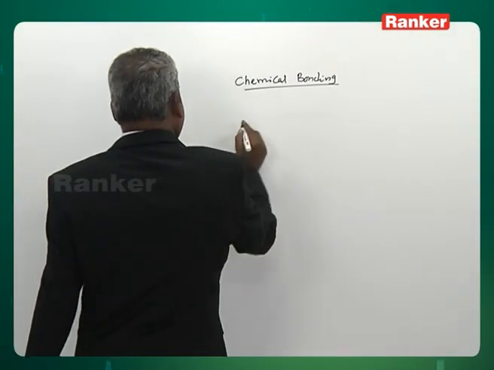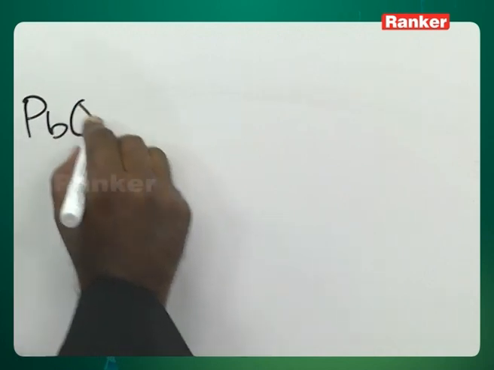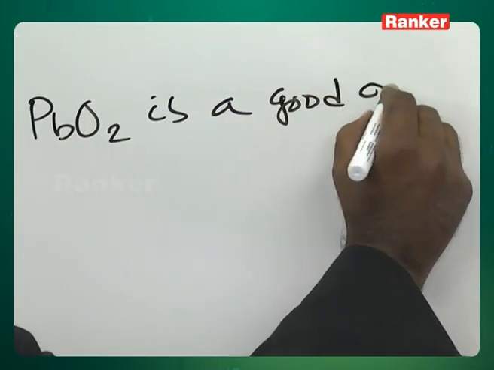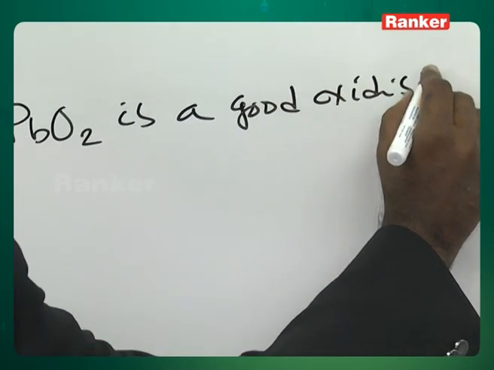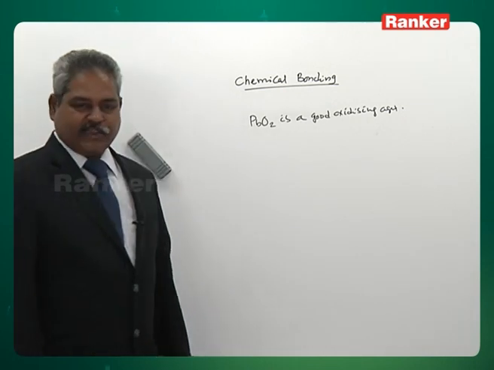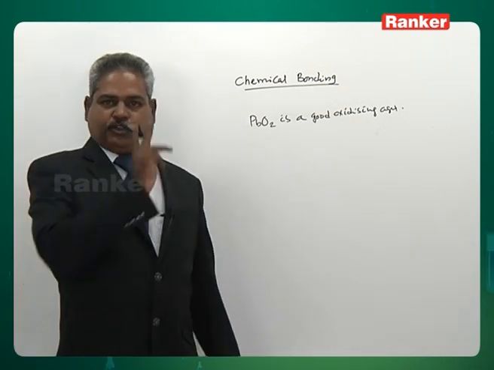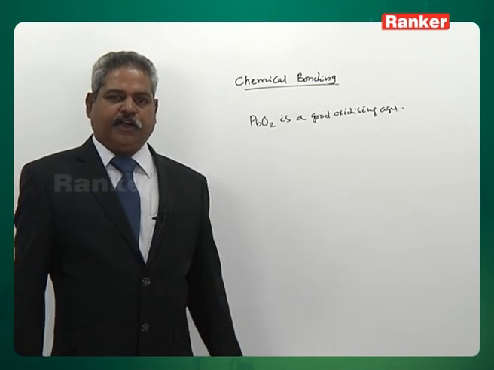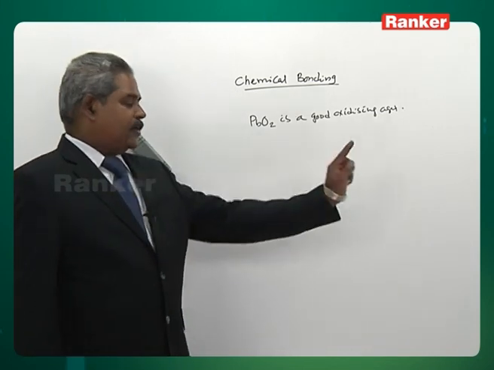And look here, PbO2 is a good oxidizing agent. You hear this statement. Why? You go back to the definition we gave in periodic properties. What is a reducing agent? One who gives electrons.